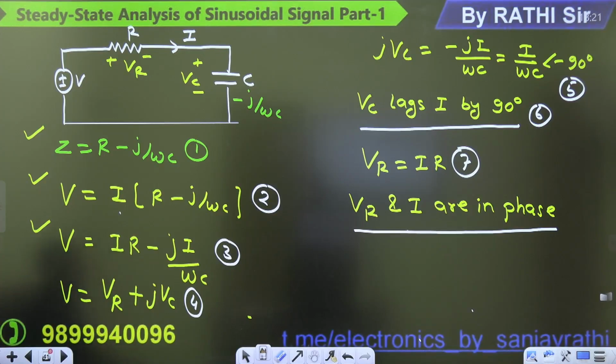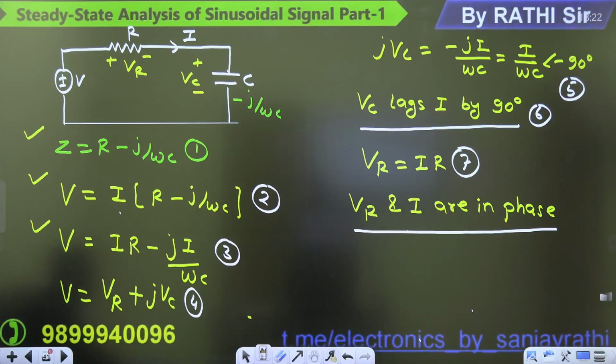This is the complex representation, just what I am writing now. What is the jVC? What is the I I have put there? Check. In equation number 5, what have I written? Minus, so minus j I omega C. So that's why VC will become negative. No problem. Just suppose it is written like that. So I am just comparing equation numbers 3 and 4, and in equation number 5, what I have written.